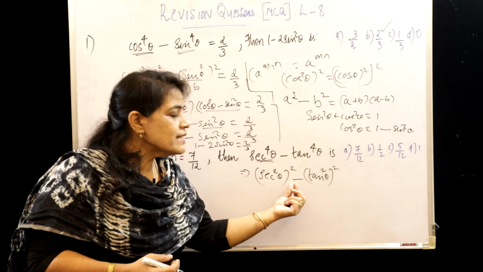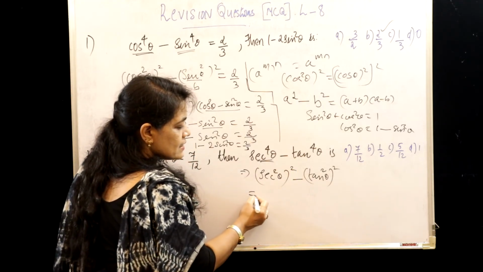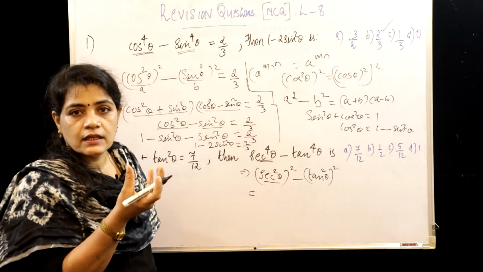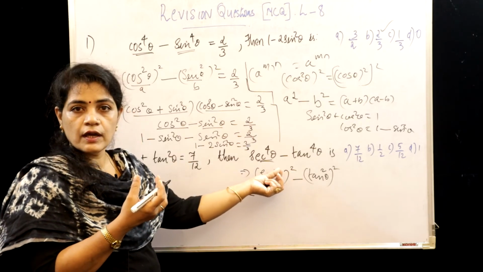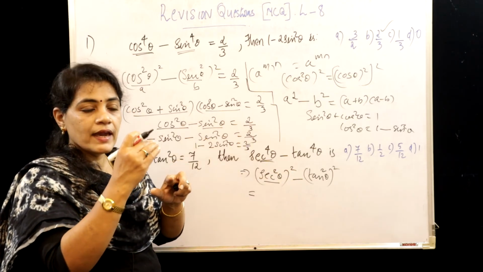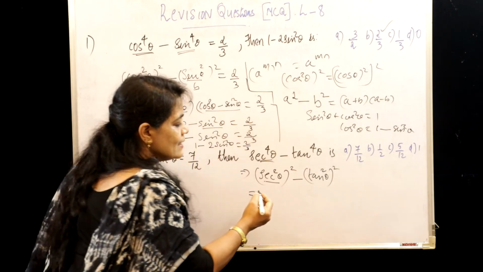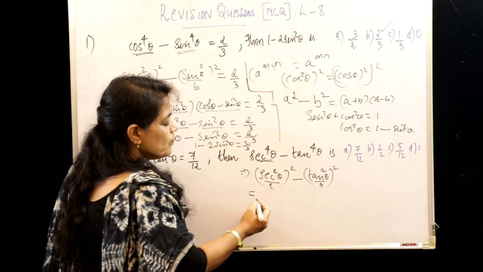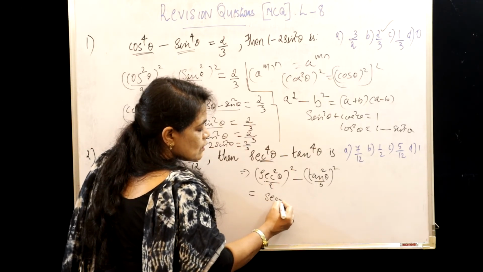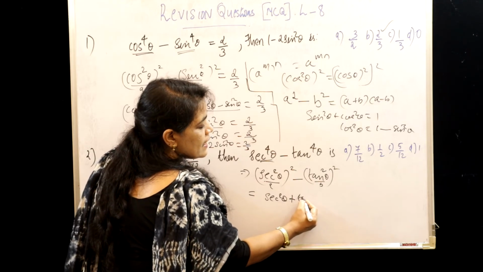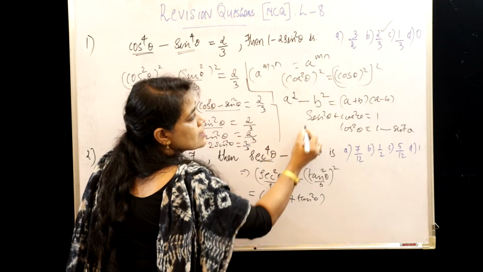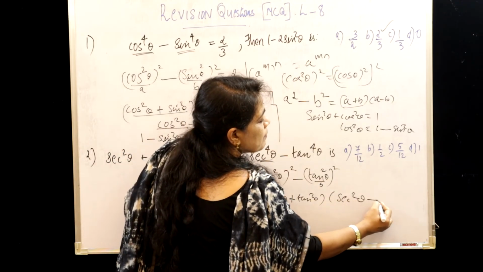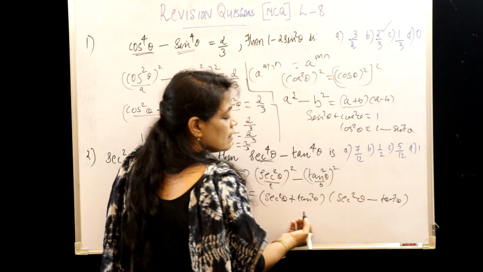So because of that identity, this can be written with a as sec square theta, and a is sec square theta, b is tan square theta. So a plus b is sec square theta plus tan square theta, into a minus b, that is sec square theta minus tan square theta.